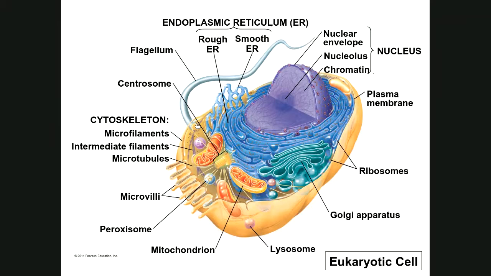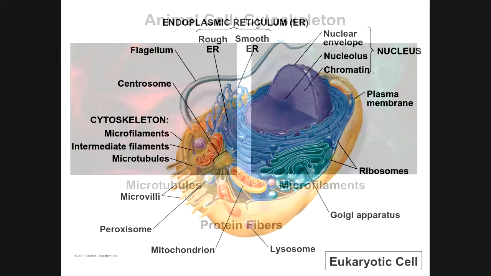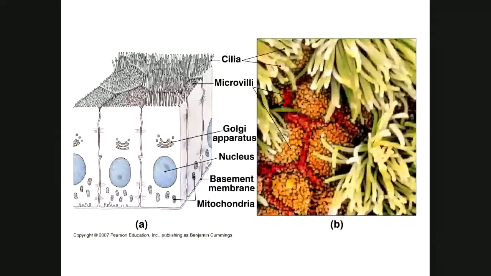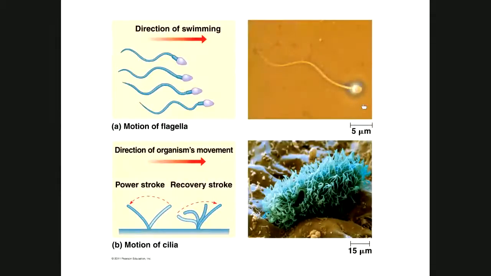The cell membrane extends out because the bundle of microtubules push out. The microtubules have the ability to move, therefore causing the flagellum to move. Therefore, the function of flagella in general is to produce movement of the entire cell, such as a sperm cell.